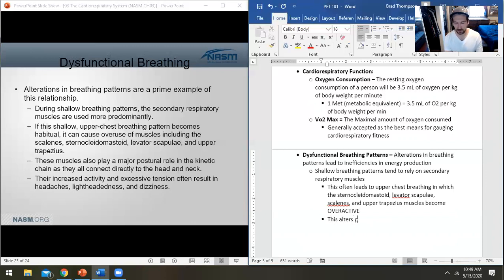This alters posture and can lead to things like biomechanic dysfunction, lightheadedness, and headaches.